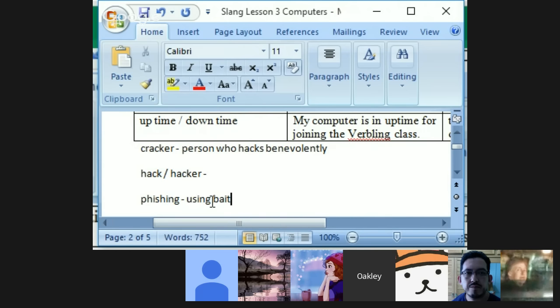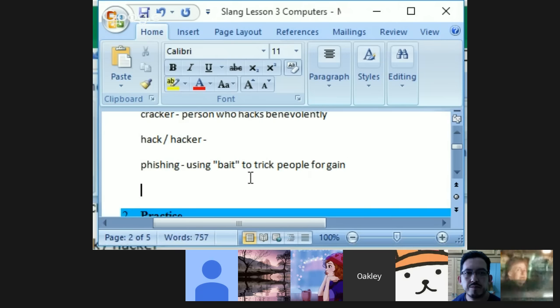Like fishing, when you fish for real live fish, you use bait. You don't catch fish just by reaching into the water and pulling them out. You have to trick them by using bait, for some kind of gain, usually financial gain. Yes, that's very good. That's another good one.